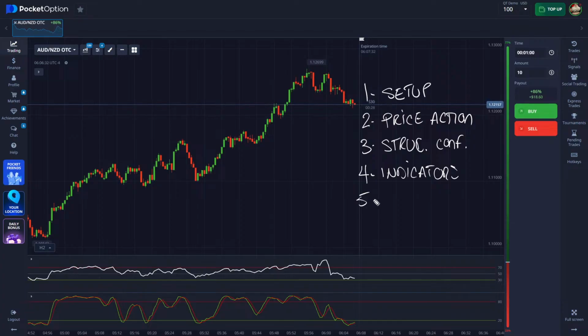And number 5, and I've talked about it, it's your psychology. Now, in your psychology, of course, are you in the right mindset for taking the trade? Are you angry because you lost the previous 2 or 3 trades?